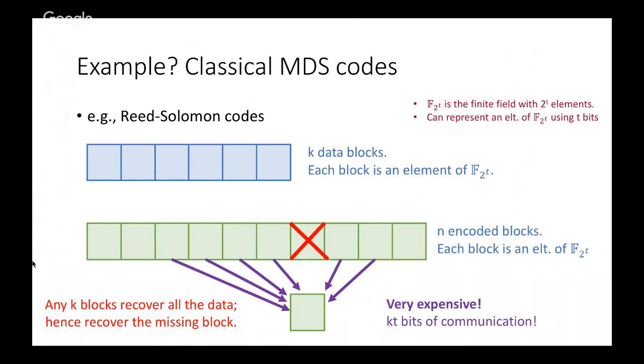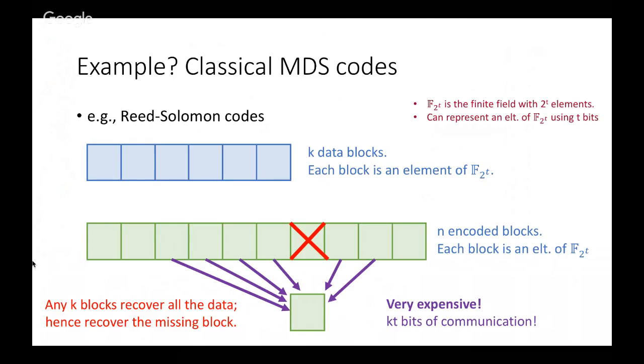But this is actually not a great solution. This is very expensive. I'm downloading kt bits of information. I contact k different blocks, and I download t bits from each of them, because I'm thinking of each block as having t bits in it. And this is actually enough information to recover the entire file. So basically what I'm doing in this process is recovering all of the data, throwing out most of it, and just keeping the one block that I wanted.